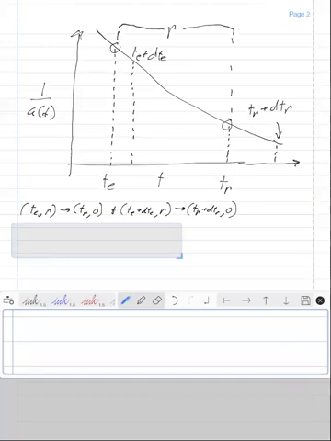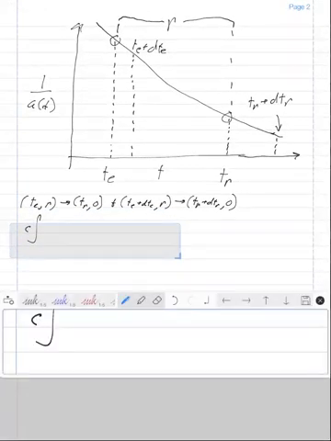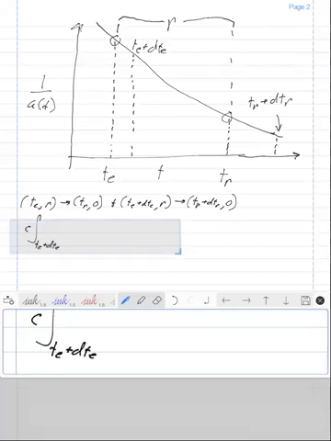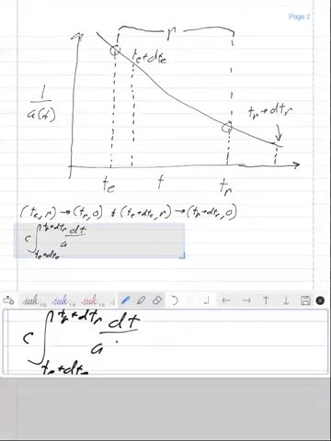Let's consider the second photon when it's emitted and then when it's received. So the second photon leaves at TE plus DTE, and it's received at TR plus DTR. And we're going to integrate dt over A of t.